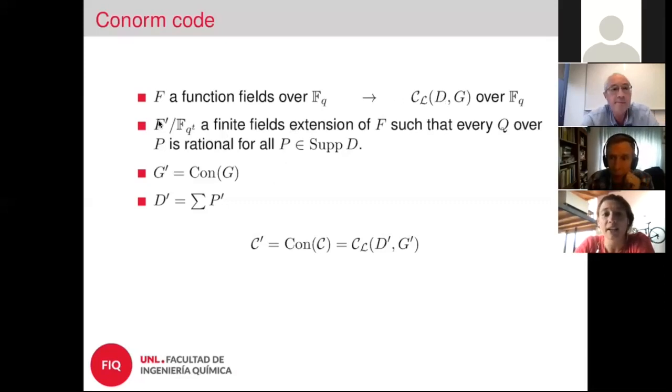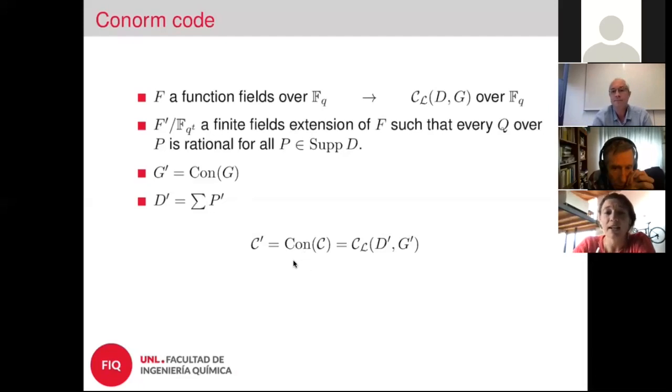So you pick an extension where this happens, and you define D prime as the sum of all of the places above any place of the divisor D, and G prime to be the conorm of the divisor G. Of course, if your place in the support of D splits completely in F prime, then D prime is going to be exactly the conorm divisor of D. But if you have, for example, totally ramified places, then it is not going to be the same.